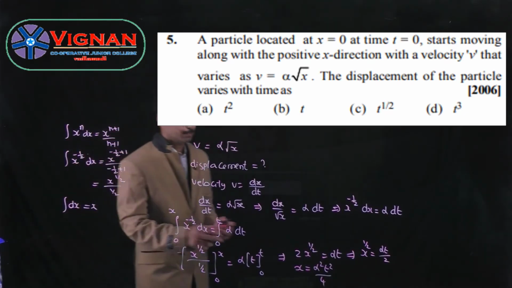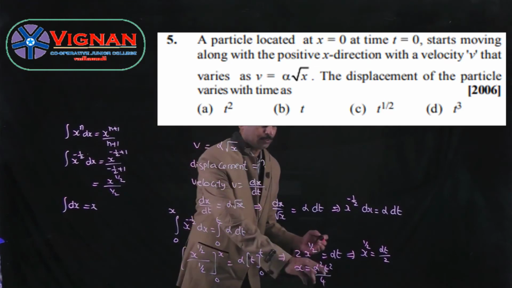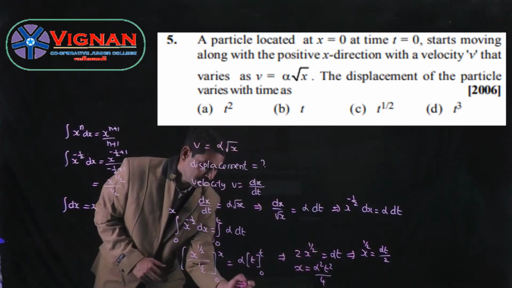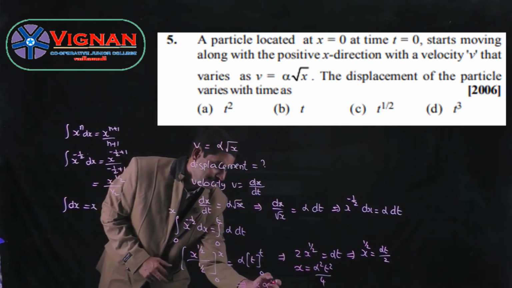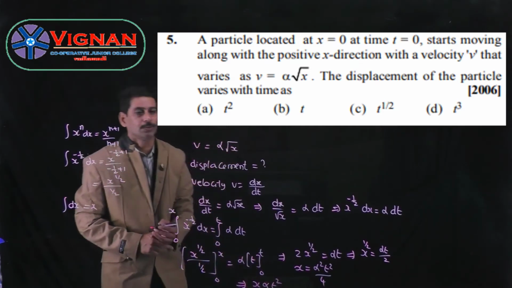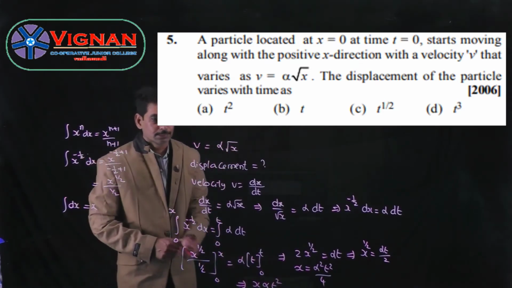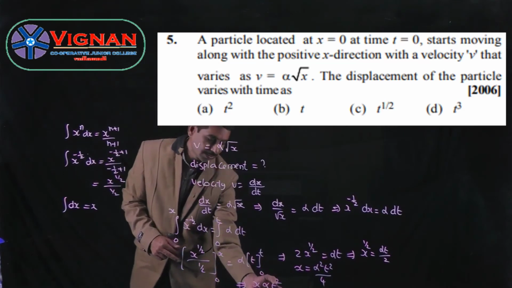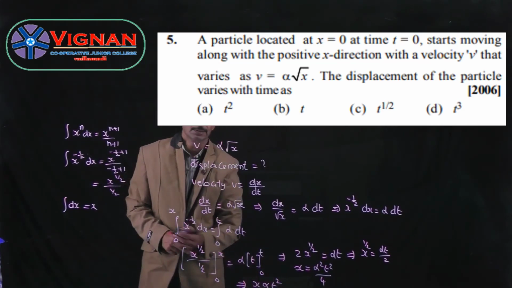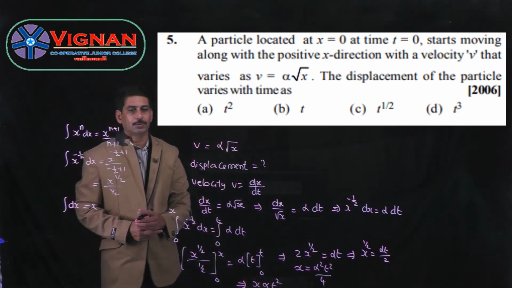So here the displacement is proportional to t square. From this you can say that the displacement x varies with time as x proportional to t square.